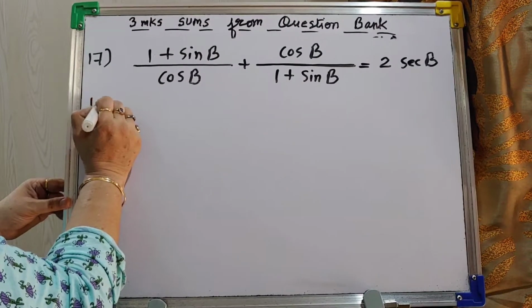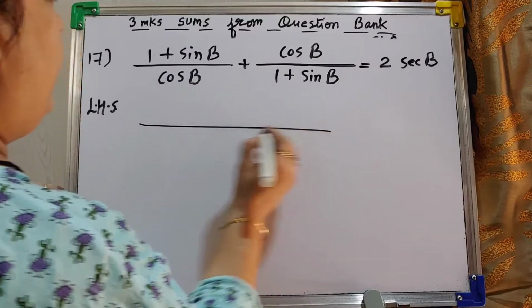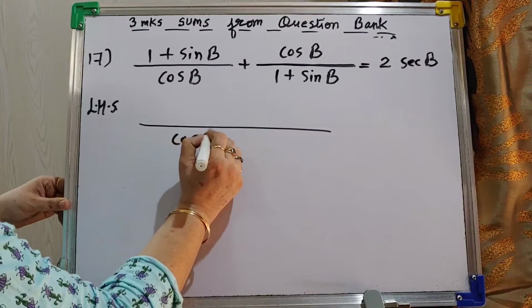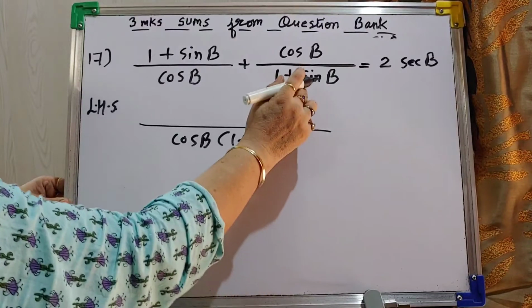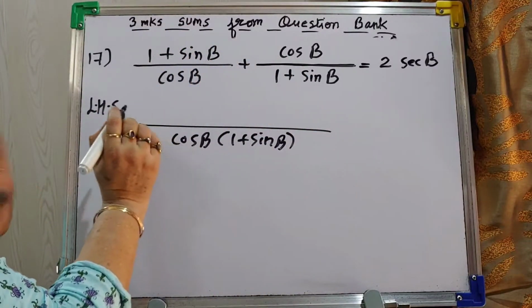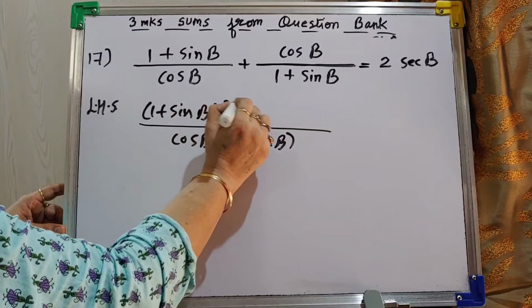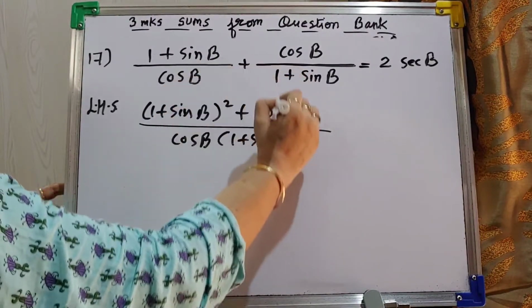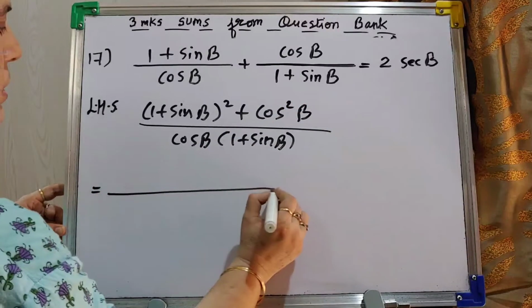Now left hand side you have to solve. Now when you multiply new denominator, you will get this. This together will give you 1 plus sin B the whole square. Plus cos B into cos B, cos square B. Now just see.